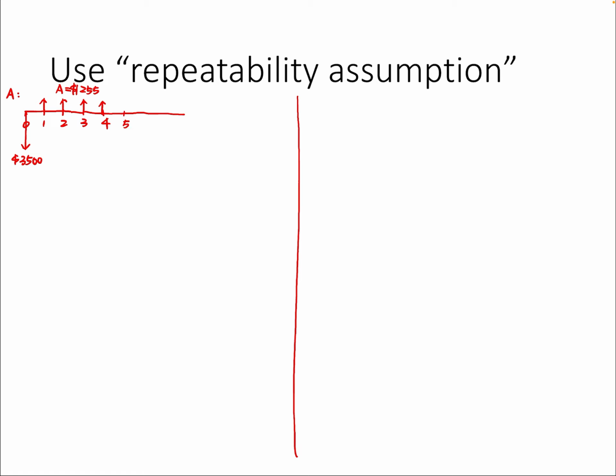5, 6, 7, 8. This is another cycle, but you need to pay the same price for the same equipment. So at the end of the first cycle, you need to pay the same 3,500 for the same equipment. And then every year after that, you're gonna have the same annuities.